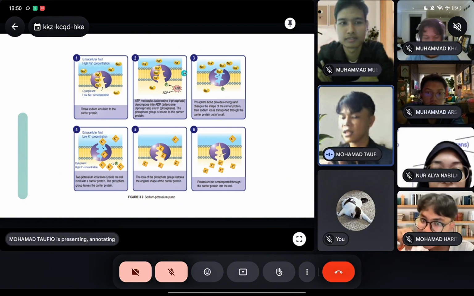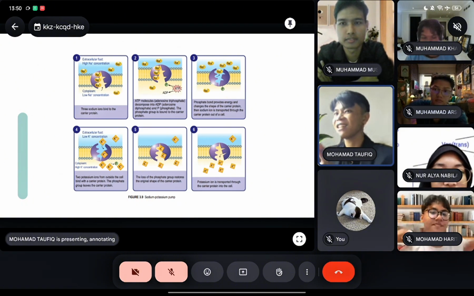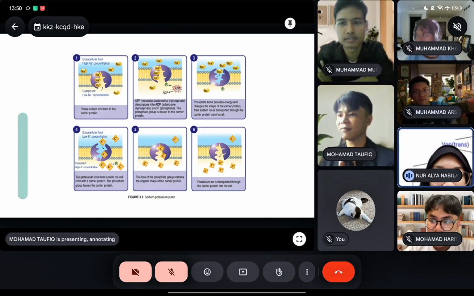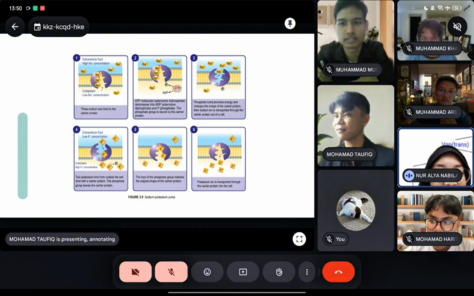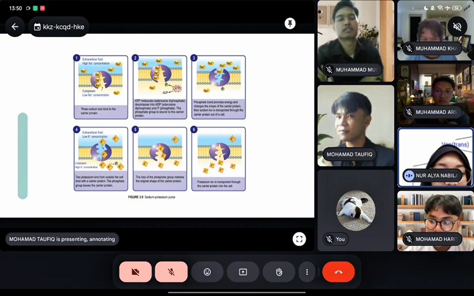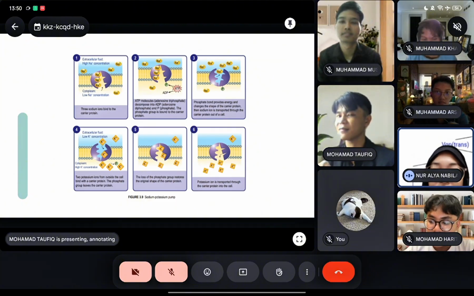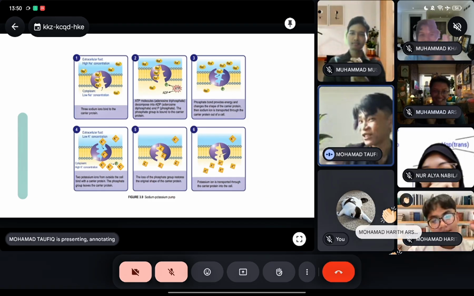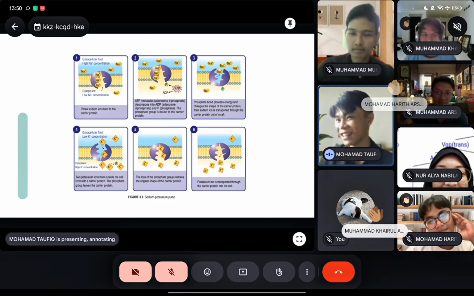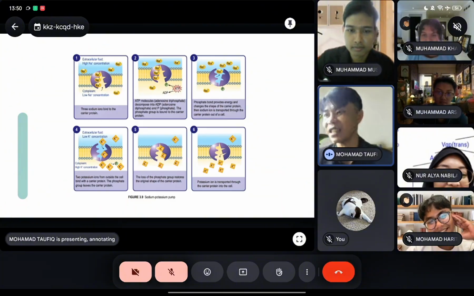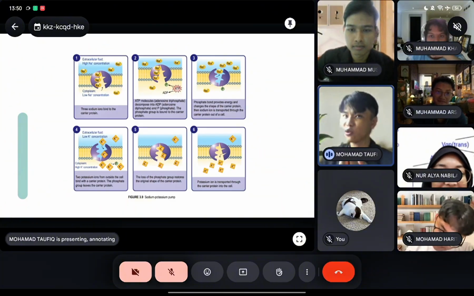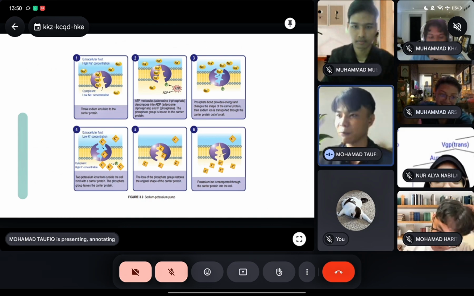The first difference is that one is against the concentration gradient and the other follows the concentration gradient. True. Okay, one step for you. So basically active transport is against the concentration gradient, and passive transport follows the concentration gradient.